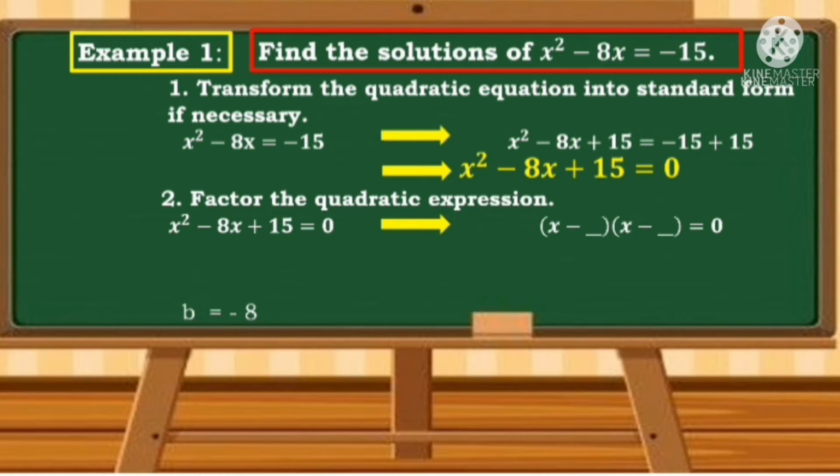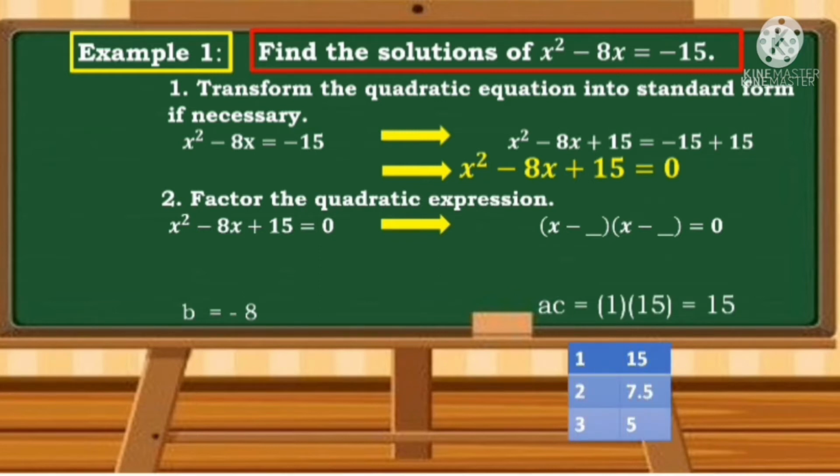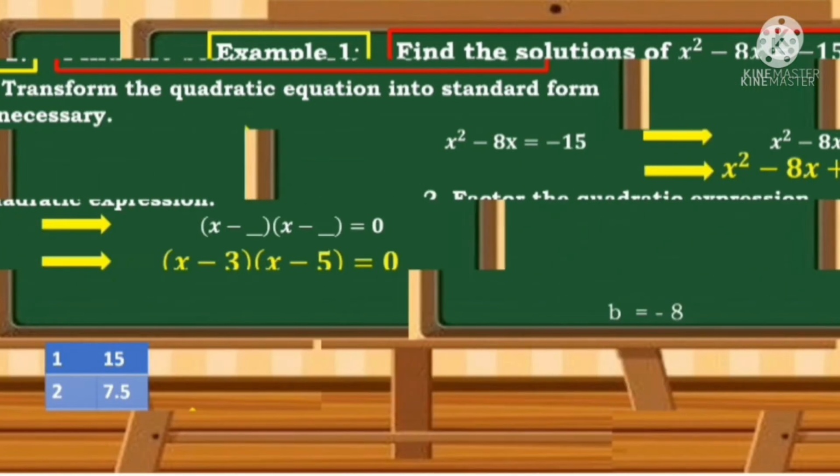What are the factors of 15 that will give negative 8 as the sum? Here are the factors: 1 and 15, 3 and 5. Which of these satisfy x squared minus 8x plus 15? Yes, correct, 3 and 5. Therefore, the factors are quantity x minus 3 and quantity x minus 5 equals 0.